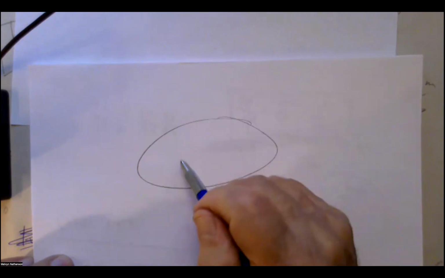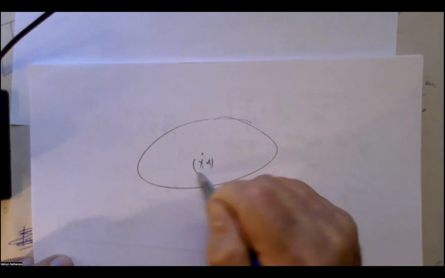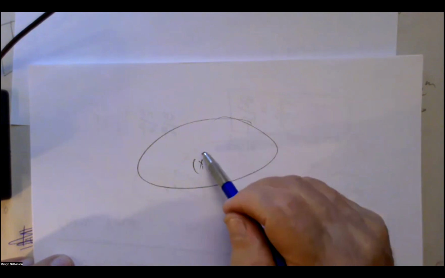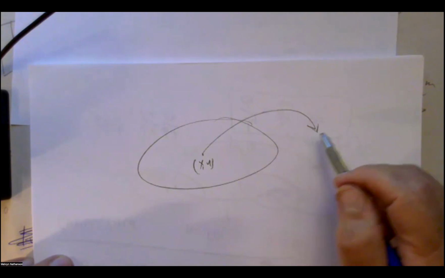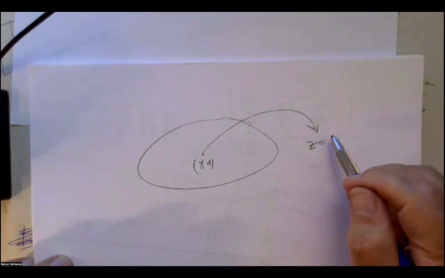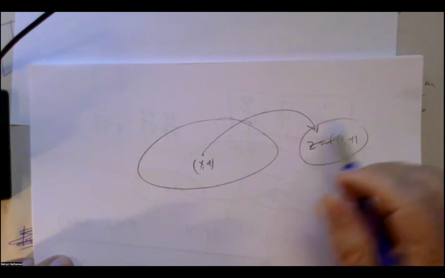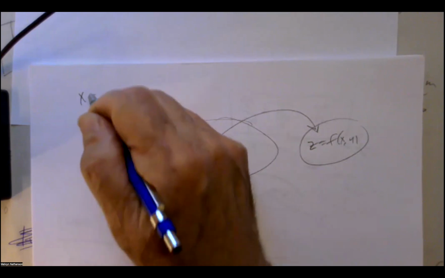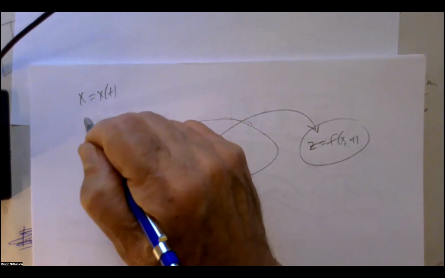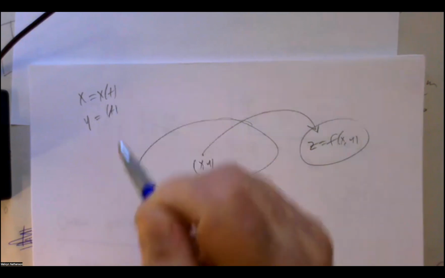But now we're looking at functions of several variables, 2 or 3 variables. Now we have a situation where we have some domain and a point xy in R2, and we have some function that sends the point xy to some point z, which is f of x comma y, right? This is a function of 2 variables. But it could be that x is really a function of t, and y is a function of t.